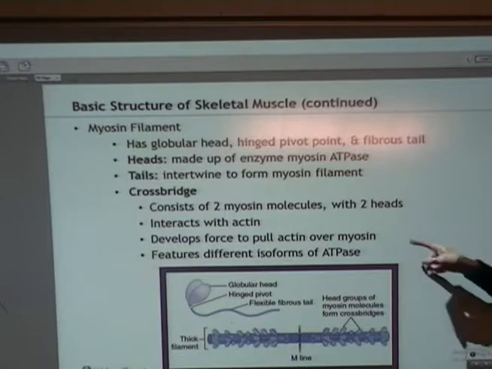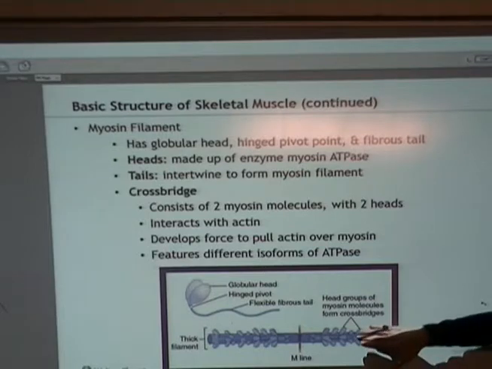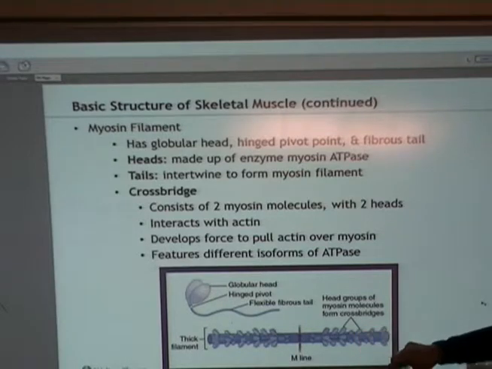And which type of ATPase, because there are several different forms, is one of the factors that determines which type of muscle fiber this is. Is it a type 1 or a type 2?